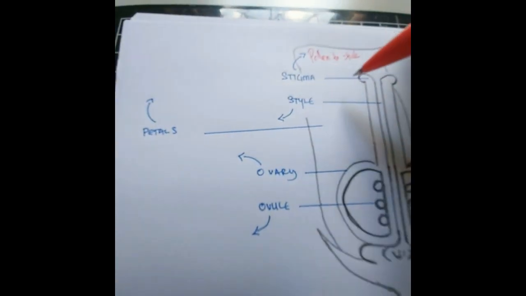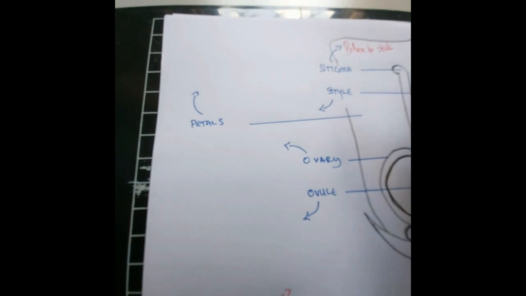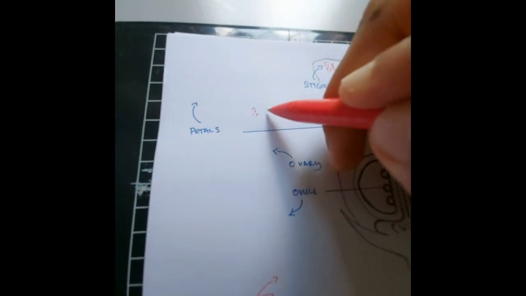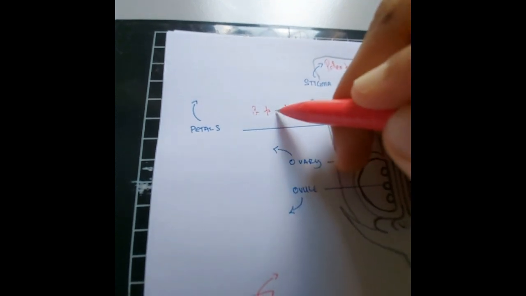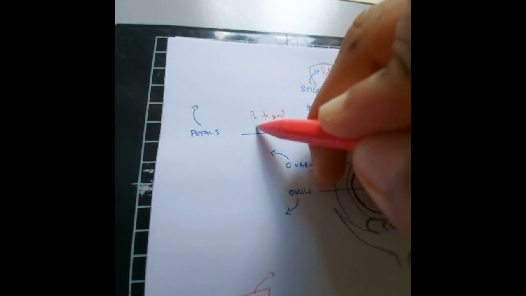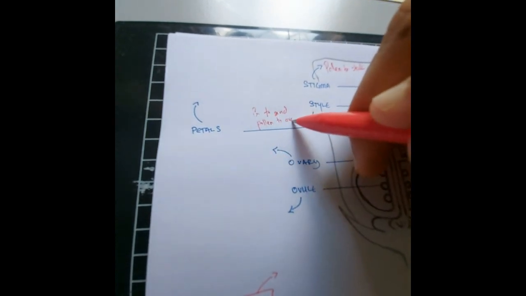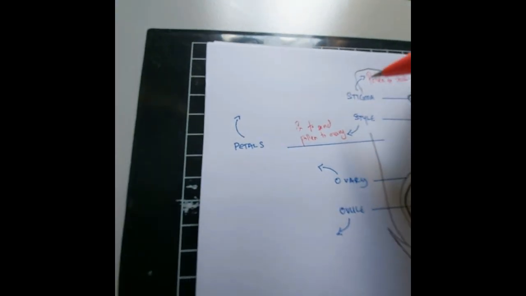Now when there is pollination, only then the style will be formed. The style's function is to send pollen to the ovary.